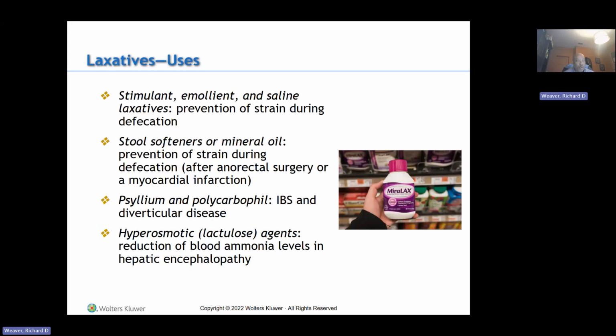will be able to remove the ammonia, or don't allow the bacteria that produce ammonia to stay in the system long enough to be absorbed into the bloodstream, because it moves it out of the colon very fast.